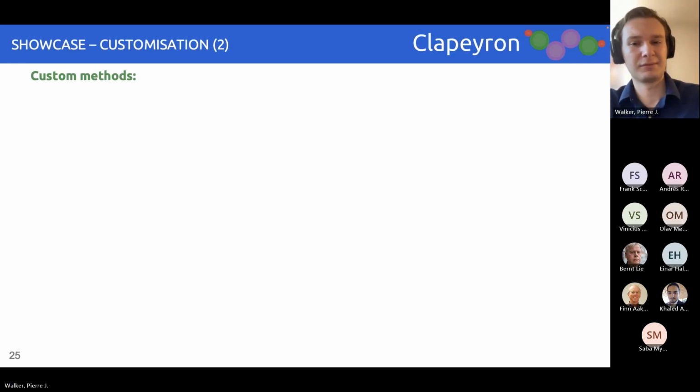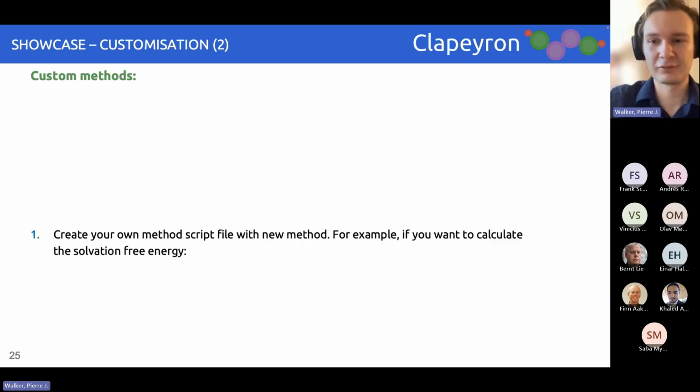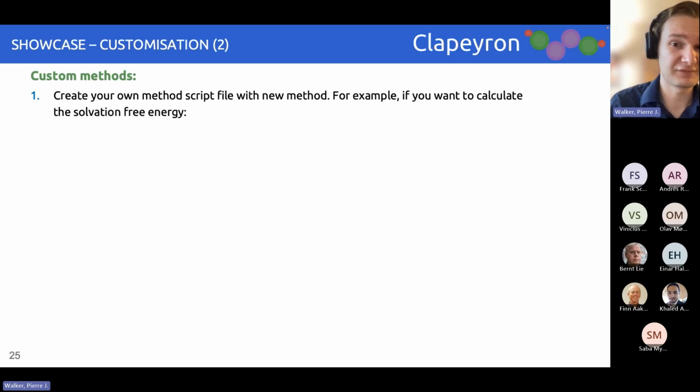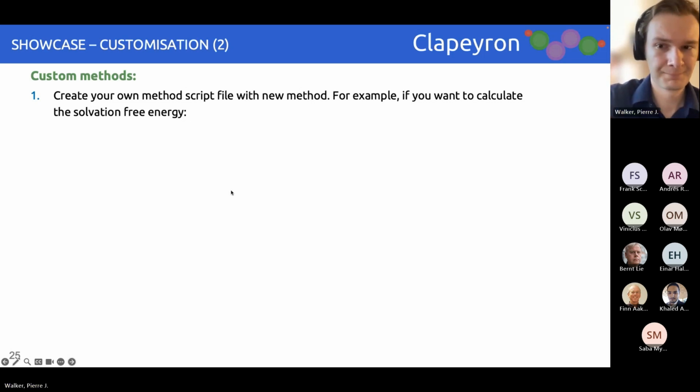Furthermore, more so a byproduct of Julia's multiple dispatch paradigm, users will also be able to define their own custom methods to obtain their own properties if these aren't available in Clapeyron. So one example shown here is how one would define the function for solvation free energy.